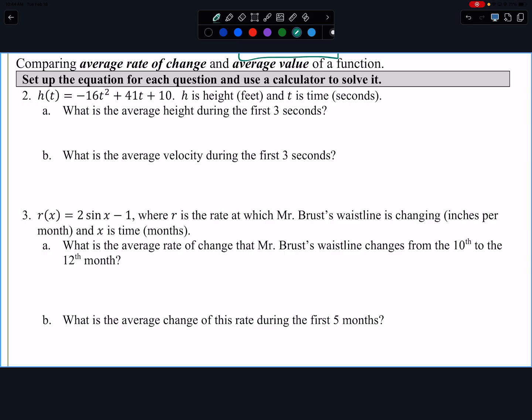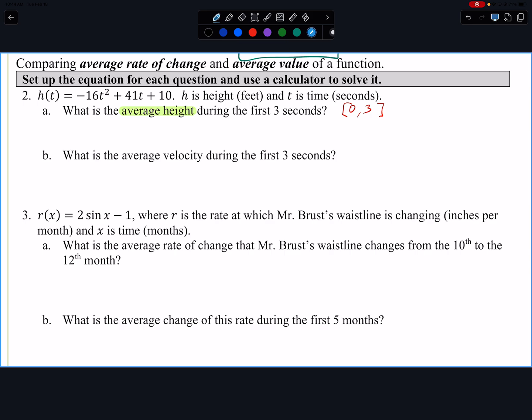So here the question says that h of t is height. So this function, h is the height and then t is time. So if I want to find average height, that is basically asking you guys to find average value. Okay? So over the first 3 seconds, what's A and what's B? 0 to 3.